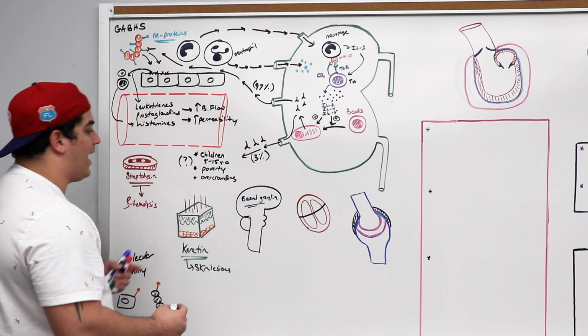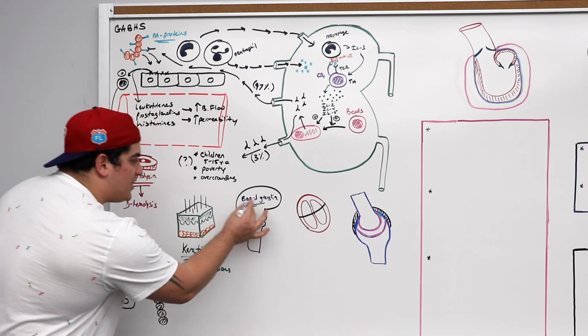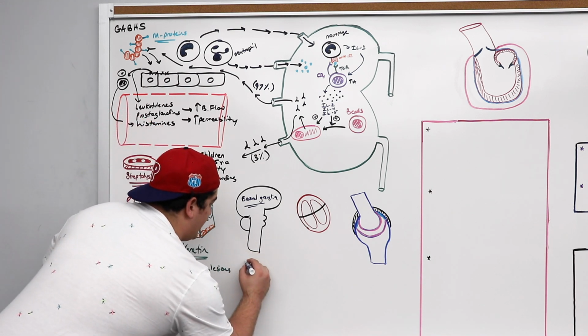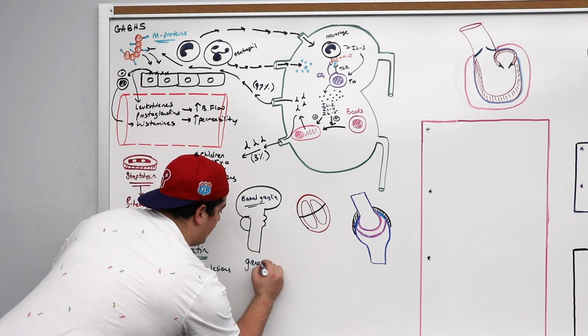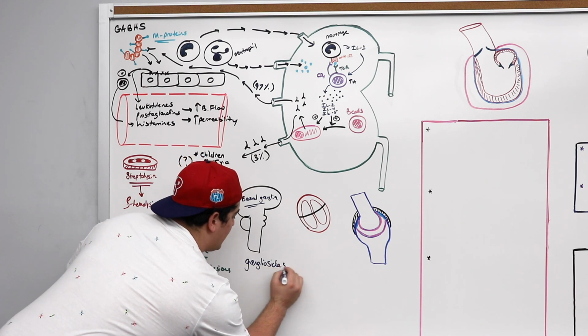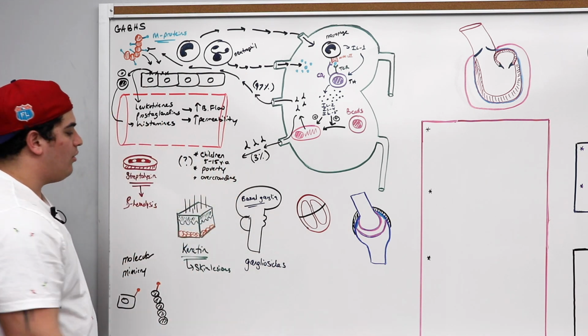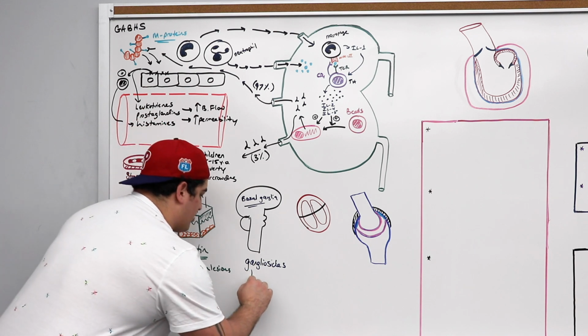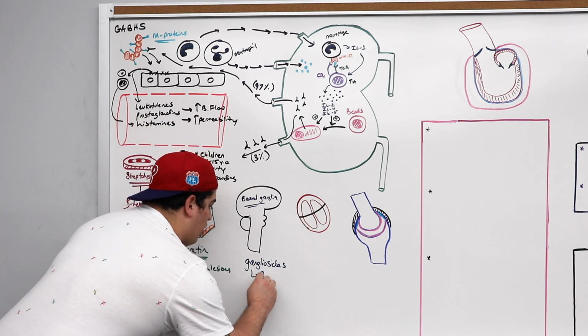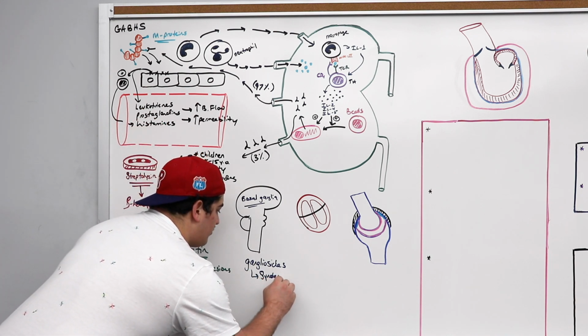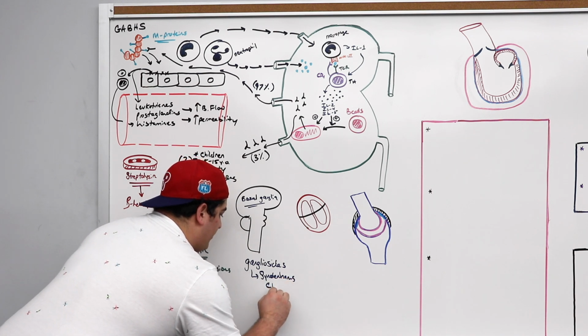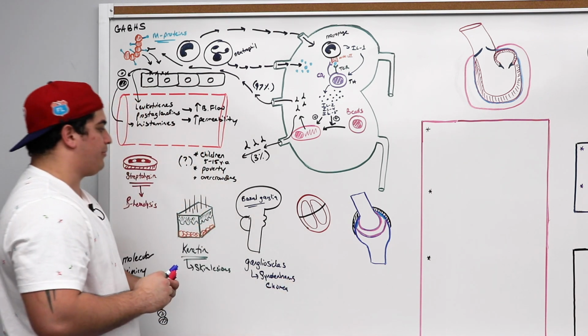Well, they have proteins very similar, and they call these proteins ganglioside proteins. Gangliosides. The particular one is called lysoganglioside proteins, and this can produce what's called Sydenham's chorea. And we'll go over what this means.